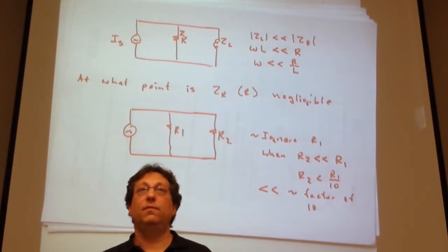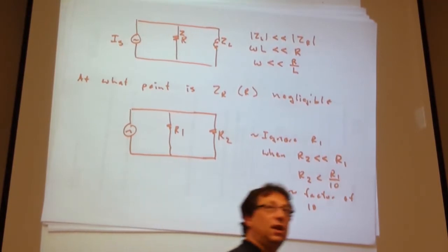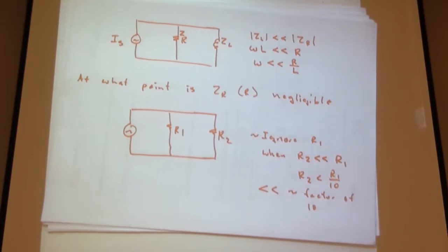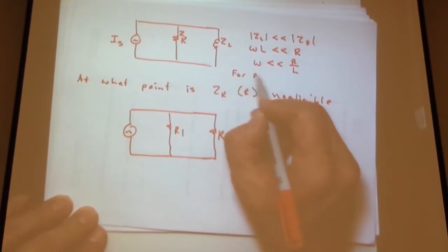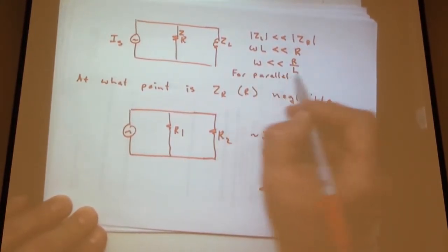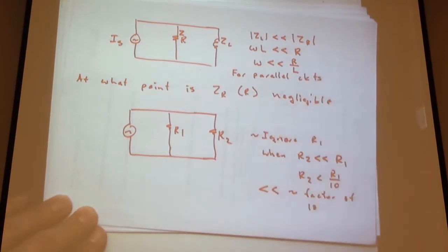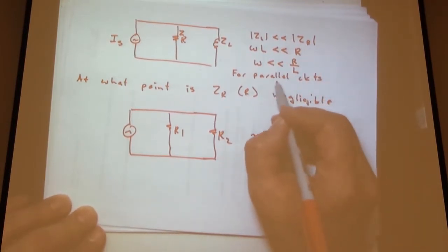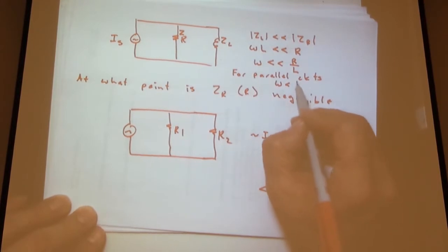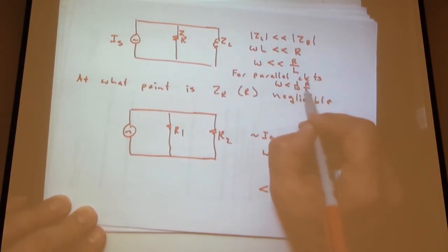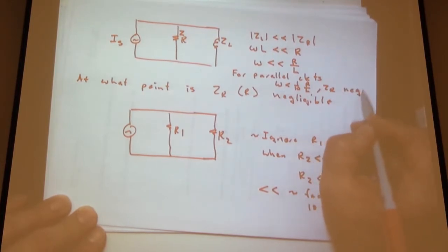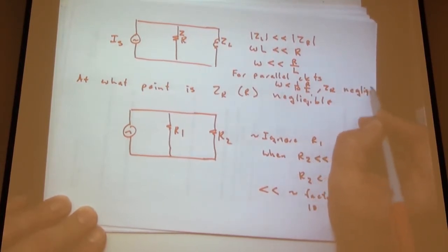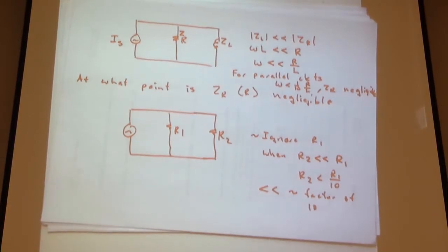In this circuit, in this parallel circuit. So this is parallel circuits only. And so here's our scaling factor. For this parallel circuit, omega less than 1 over 10 times R over L, ZR is negligible.